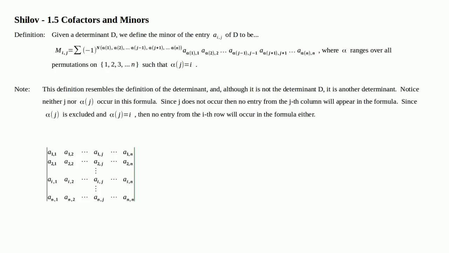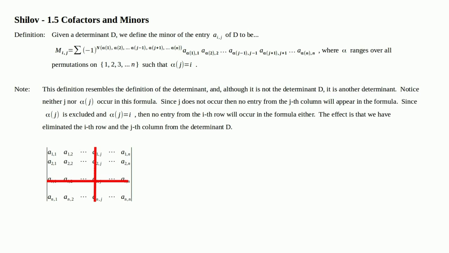That's important, because a sub alpha of j doesn't appear in there. There's no entry from the jth column. Since alpha of j is excluded and alpha of j is equal to i, then no entry from the ith row will occur in the formula either. So what we've done is we've excluded entries from the jth column and the ith row.